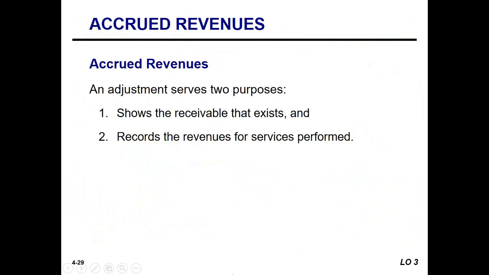Accrued revenue shows that there is a receivable. So if I have earned interest, it would be interest earned, interest income, and interest receivable. Or it's recording the revenue. So it serves two purposes. It makes our assets correct and it makes our revenues correct.